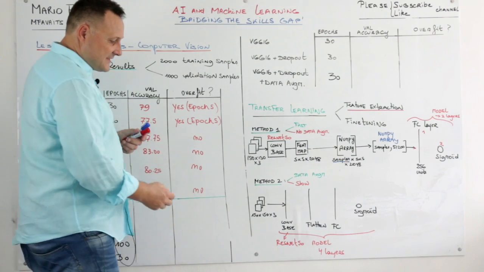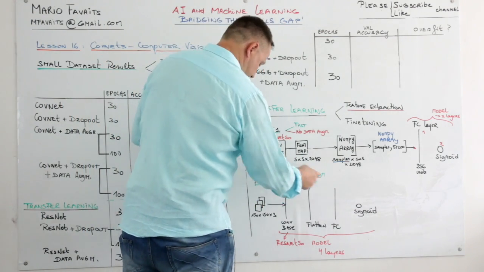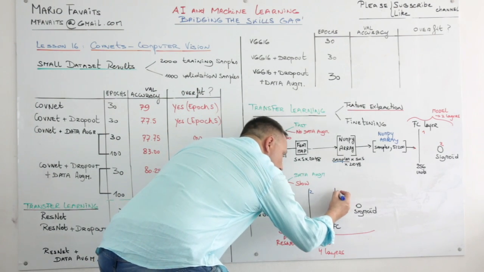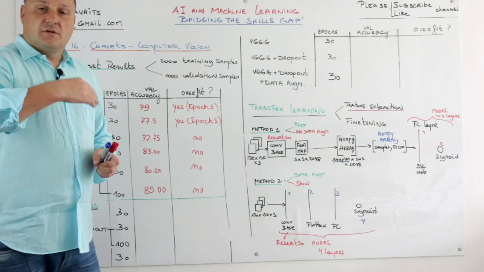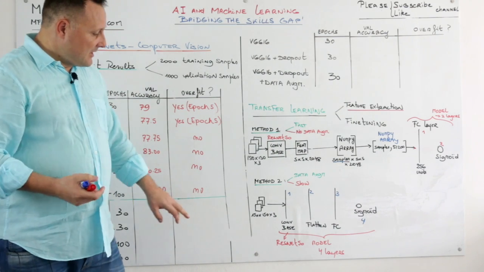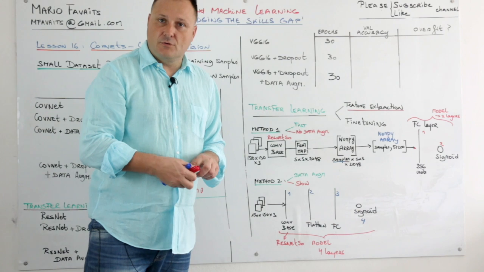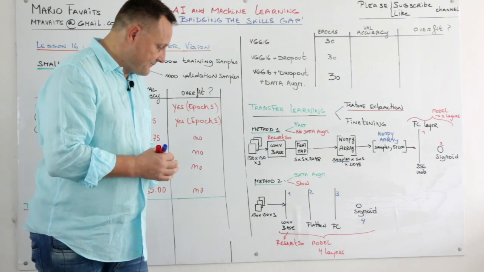So we still have our input, but here we're going to have 4 layers. This is layer 1, layer 2, layer 3, layer 4. The convolutional base is going to be a layer, and we're going to add it to the model.